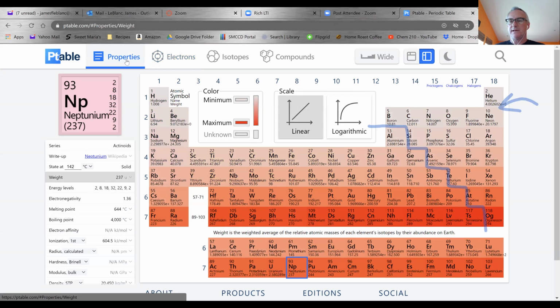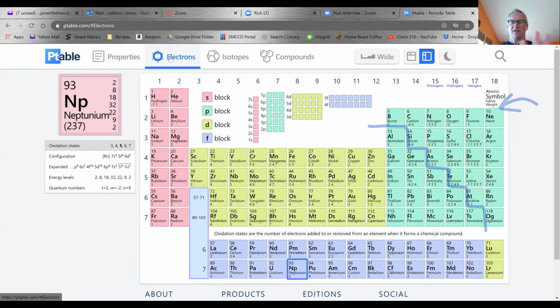Okay. Yeah, see, it pops right back over. I just wanted to do it on electrons because it's got the colors here, which are a little bit different. All the nonmetals are over here on the right side. All the elements right along the ladder here are called the metalloids, like silicon, arsenic, tellurium and antimony.